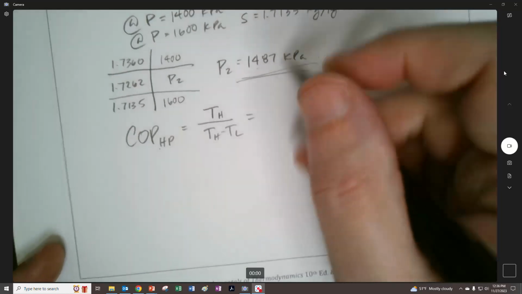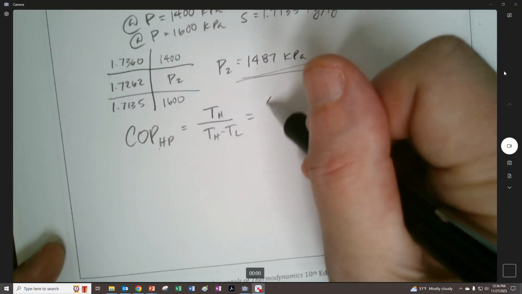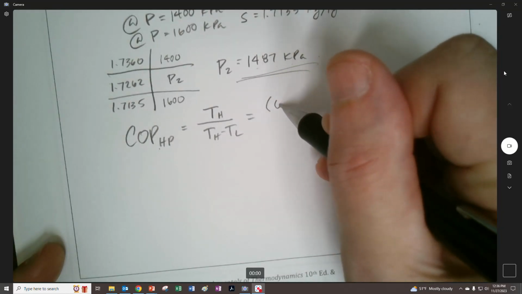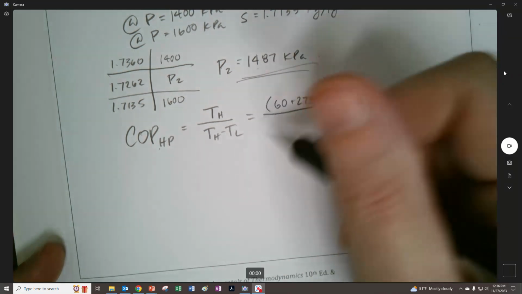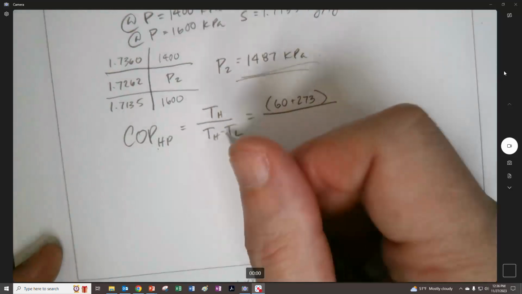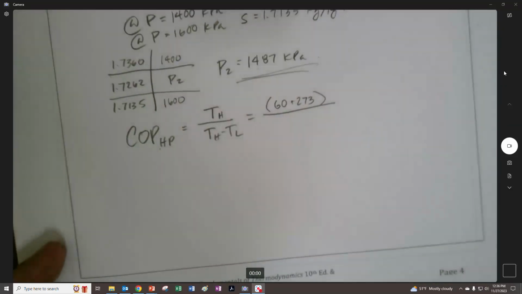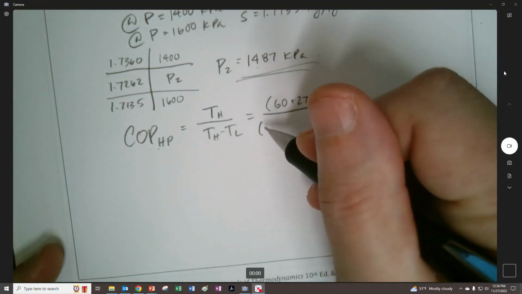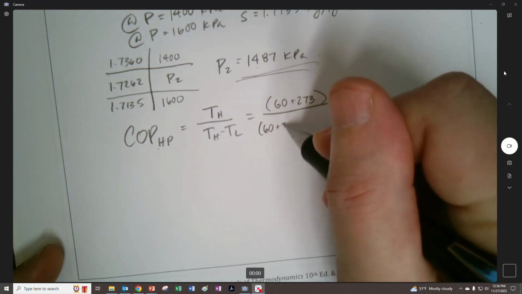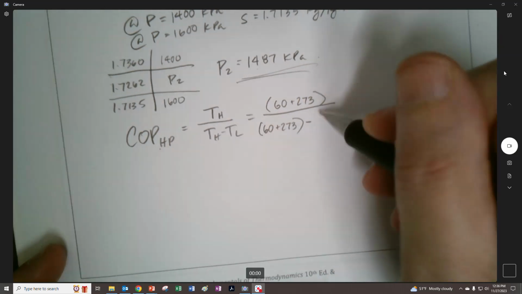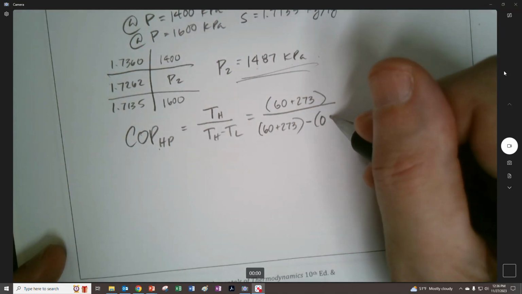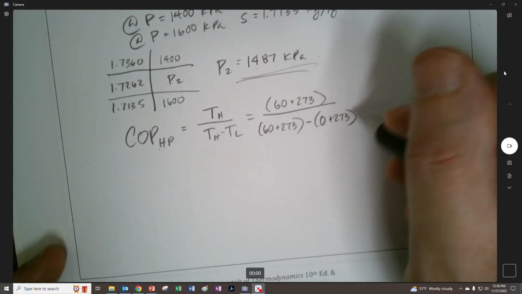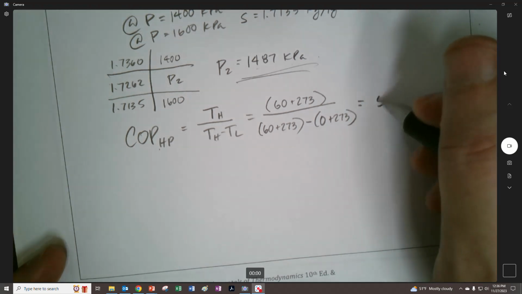So this is 60 degrees plus 273 divided by, and you could just use, because they're subtracted from each other, you don't need the 273 in both of these, but we can do it anyway: 60 plus 273 minus 0 plus 273. And you end up with 5.55.